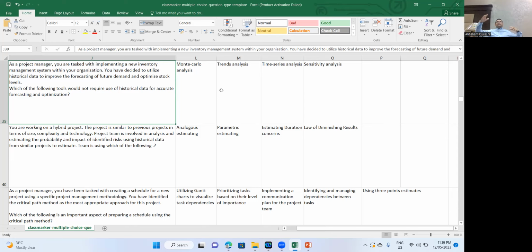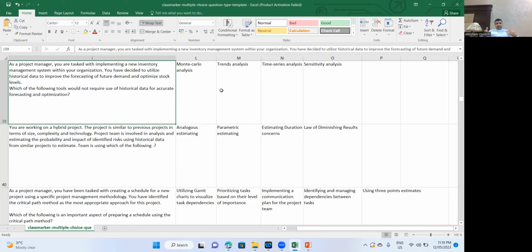It needs the historical data of what happened in the past three months. What kind of accidents happen, how many accidents happen in this kind of work? That's a trend, right? So trend analysis does need the historical data.